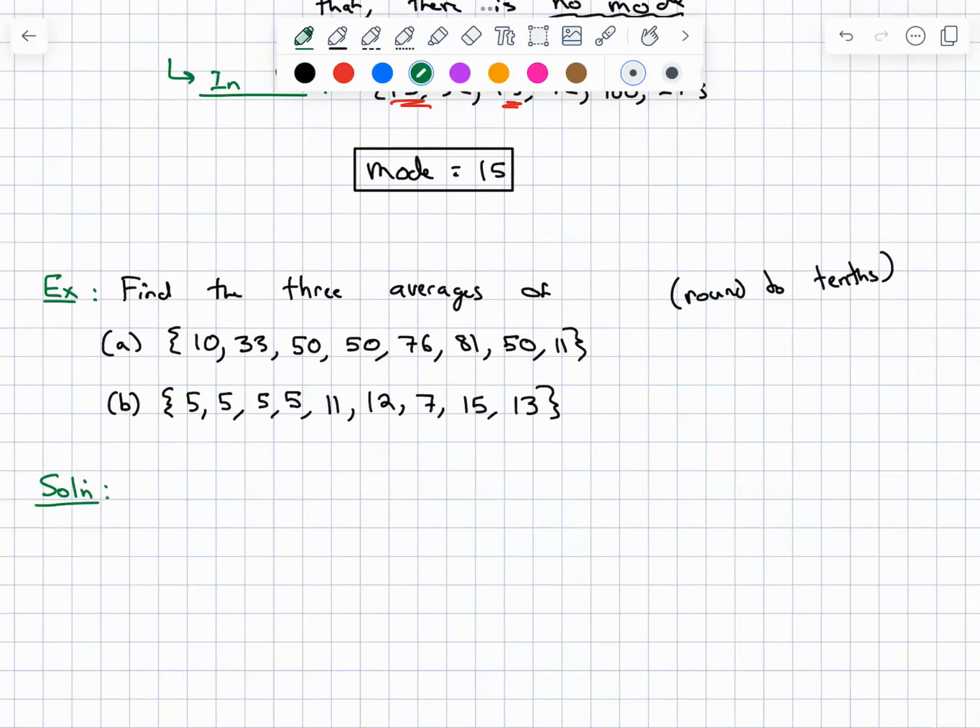Once again, for part B, it's 5, 5, 5, 5. So 4 5s, and then 11, 12, 7, 15, and 13. So part A, reorder.